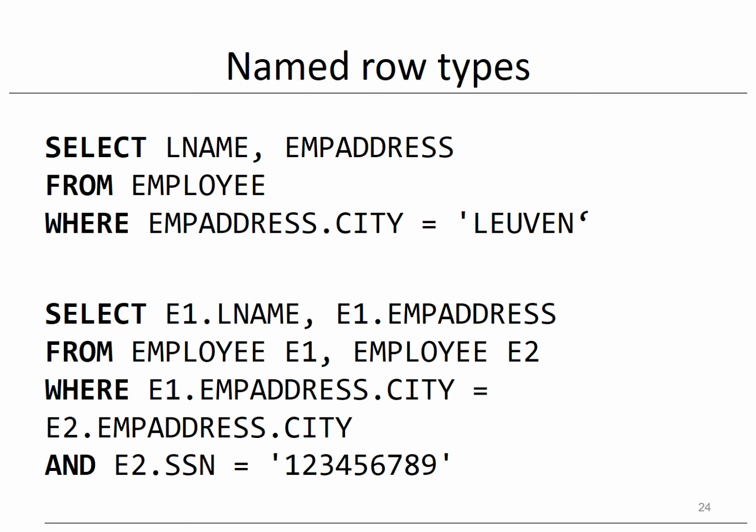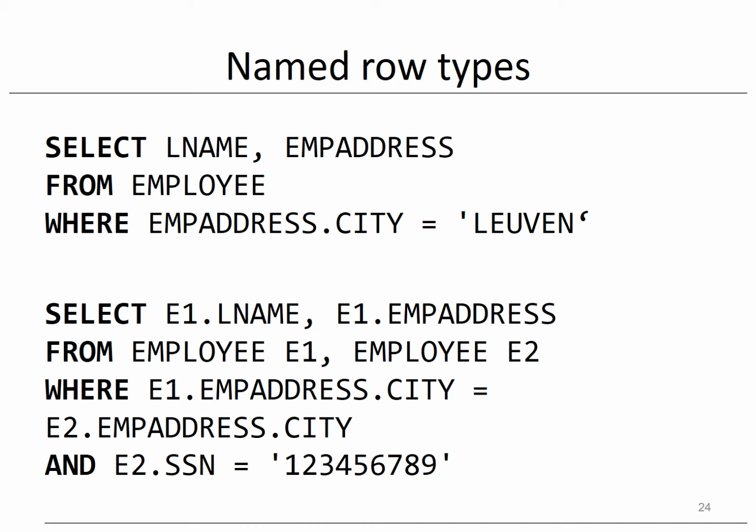The individual components of the named row type can then be accessed using the dot operator as in the following query. Select lname, emp_address from employee where emp_address.city equals Leuven. This query retrieves the last name and full address of all employees who live in the city of Leuven.